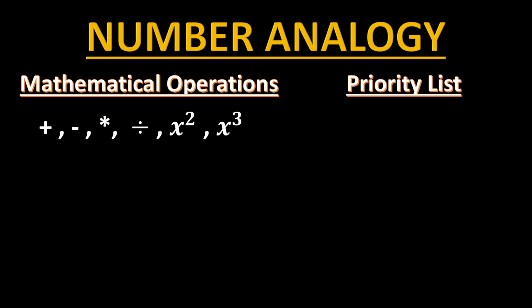But when it comes to a problem, which mathematical operation do you need to give the first priority? That's why, whenever you solve this problem, you need to know the priority list. The first priority when you solve number analogy will be the prime number.